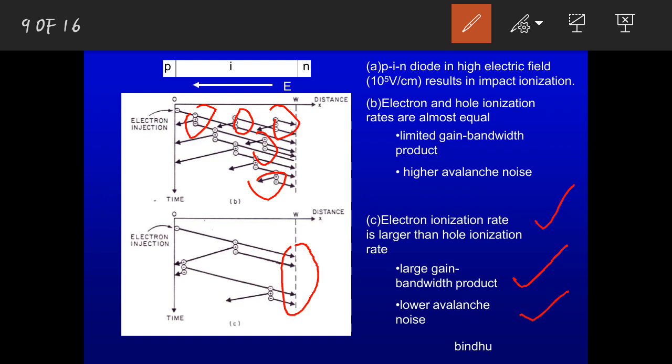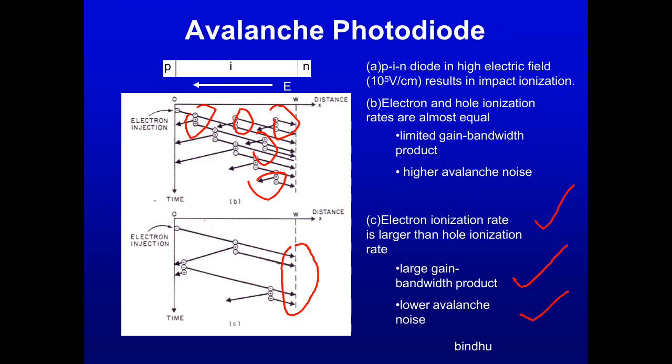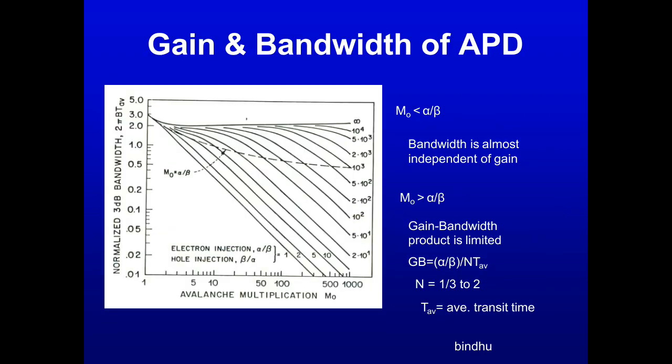So with these three effects, for a high spectral output, we say that APDs perform much better than PIN diodes because of the avalanche multiplication occurring in the depletion layer. The gain bandwidth product is higher, so gain is almost independent of the bandwidth. The gain bandwidth product has been calculated.